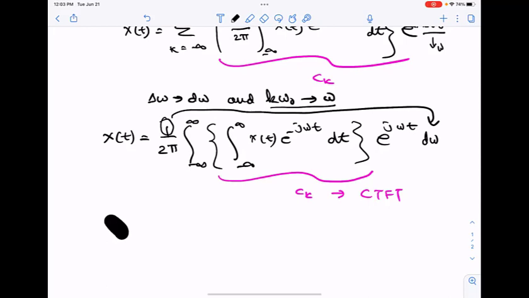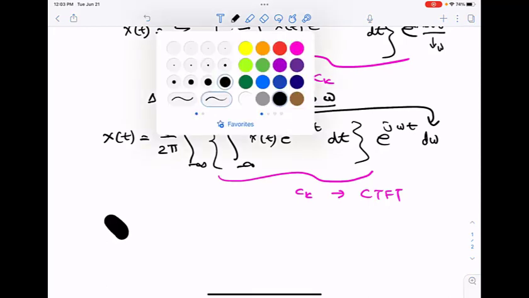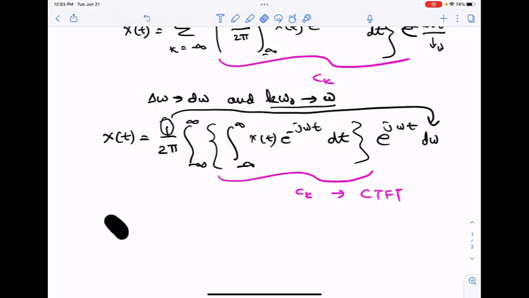I'm going to write this, oops, I picked the pen too fat. I have to delete it. Okay. Big X. I'm going to call it big X. Big X as a function of omega.